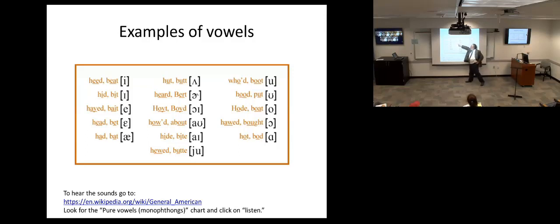So this is beat, bit, bait, bet, bat, but, Bert. By the way, see this little thing here? That's the R. This is an old-fashioned way of representing it, but occasionally you see it. Now in IPA, you would just put the regular R afterwards.